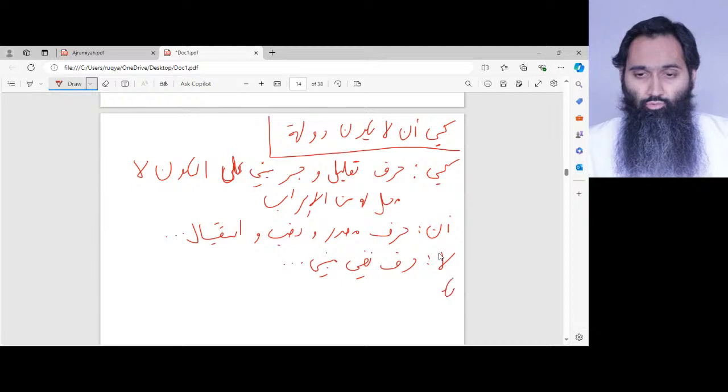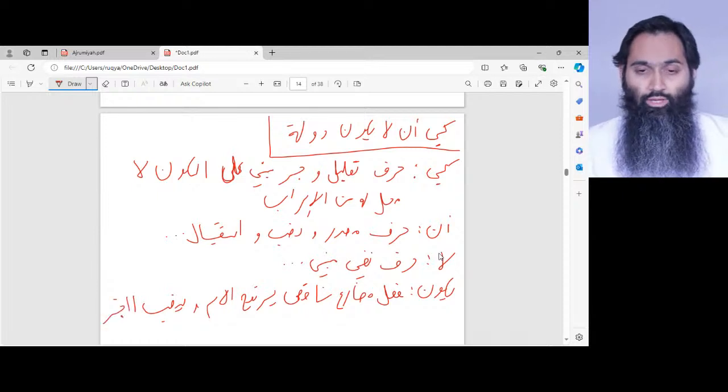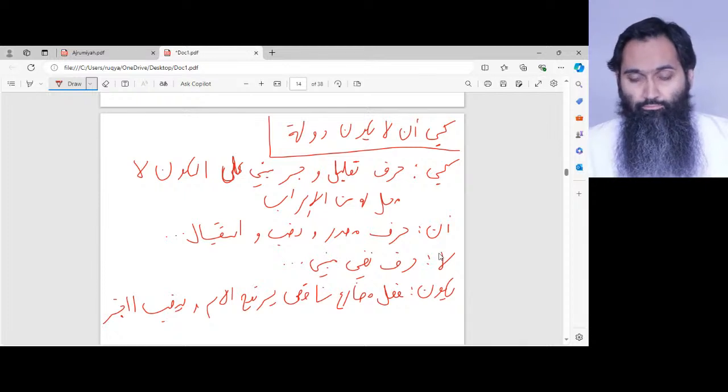And yakuna now is going to be the same i'rab: fi'lun mudari'un naqisun yarfa'u al-ism wa yansibu al-khabar. فعل مضارع ناقص يرفع الاسم وينصب الخبر وهو منصوب. وهو منصوب how?